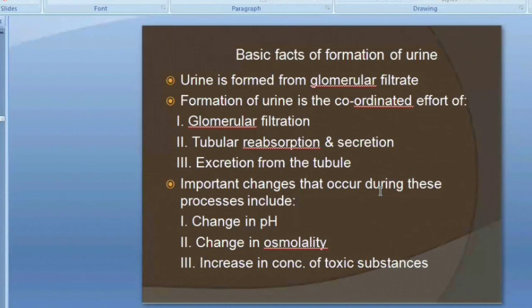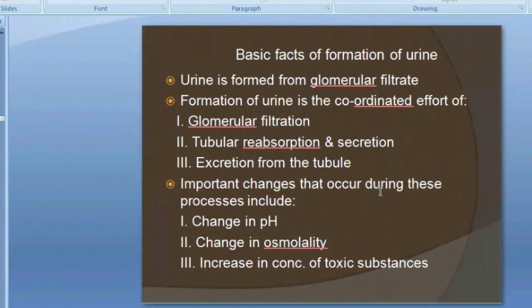Formation of urine is the coordinated effort of glomerular filtration, tubular reabsorption, and secretion and excretion from the tubules. Urine is excreted ultimately. Important changes that occur during these processes include change in pH.